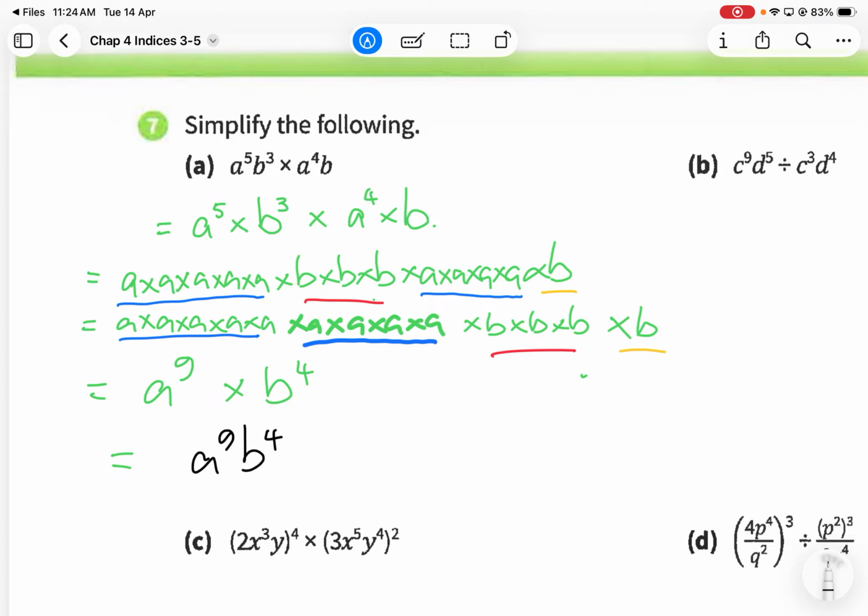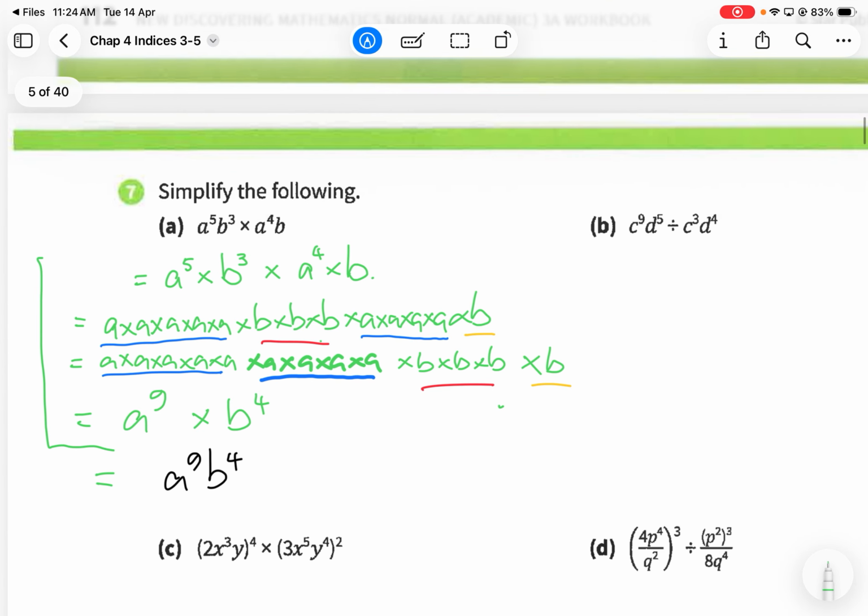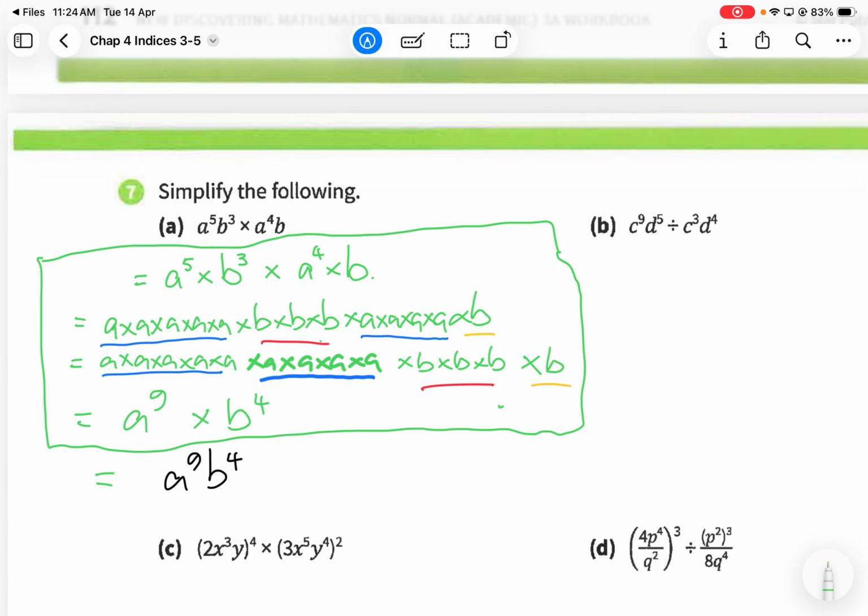Okay? So in actual working, I don't need to do all this in green color. When I'm actually doing my question, I won't be doing all this green color part. This one is to show you why we can do this. So in the actual doing, I must know that all this is multiplication.